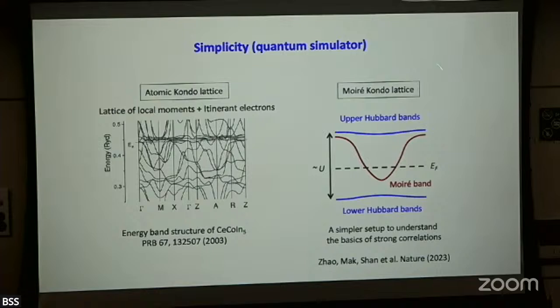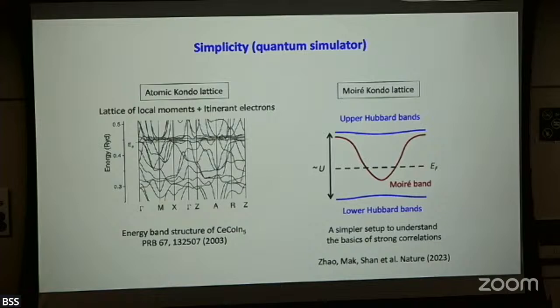So this quantum lattice has actually also been realized using moiré material. The idea here is that if I have one sheet in the Mott insulating state, then you can think about the charge in the Mott insulating state as localized spin.